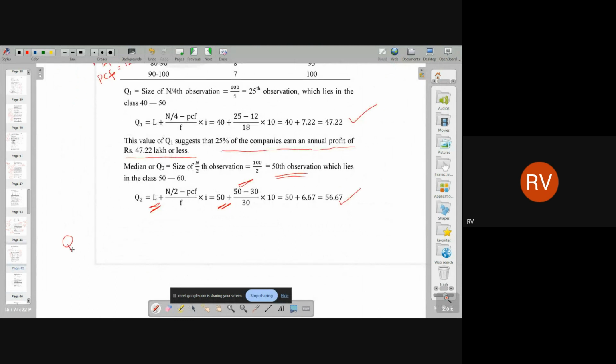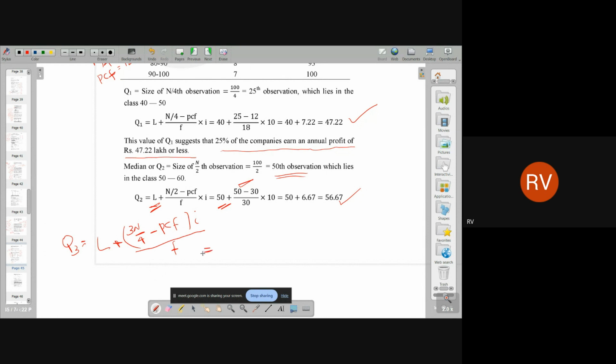Q3 is equal to L plus 3n by 4 minus PCF into I divided by F.